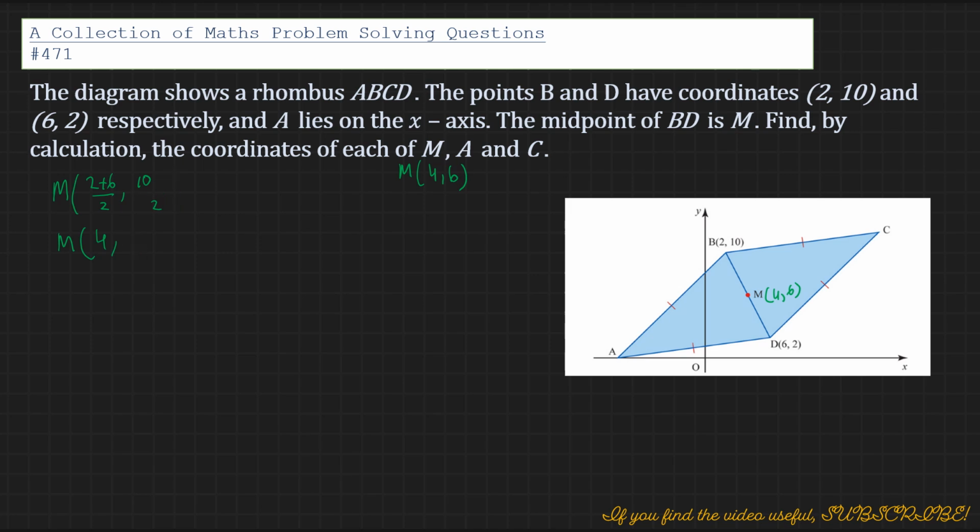Okay, so the next thing is we have to find the coordinates of A. Now we know that for A, the x coordinate we can say is x1 and the y coordinate will be 0. So A is (x1, 0), and to find that, what we do is AB equals AD.